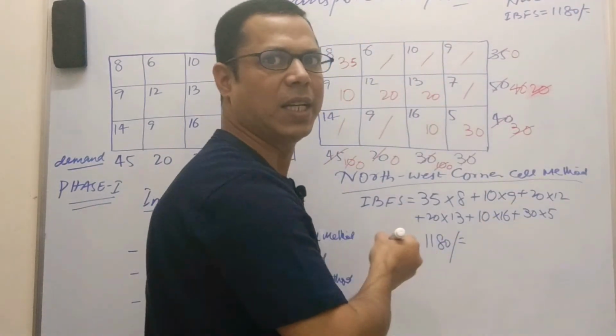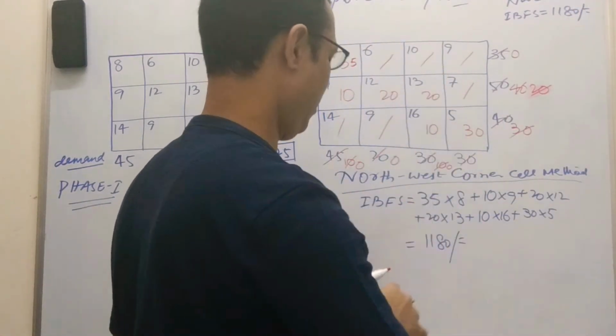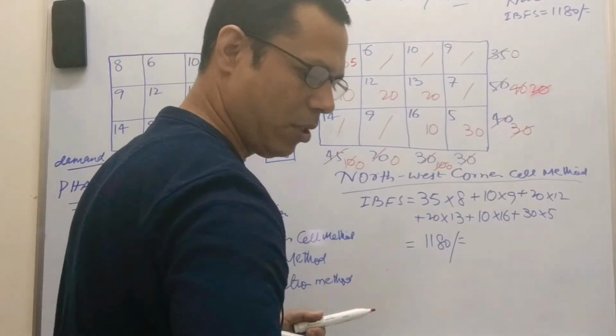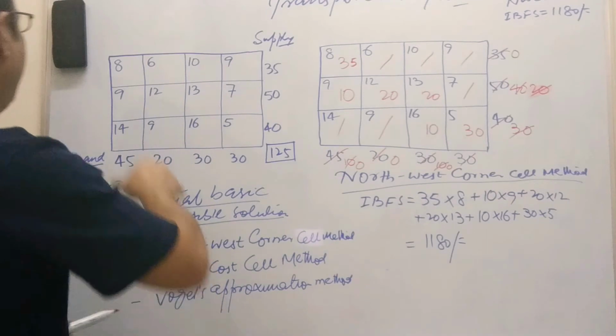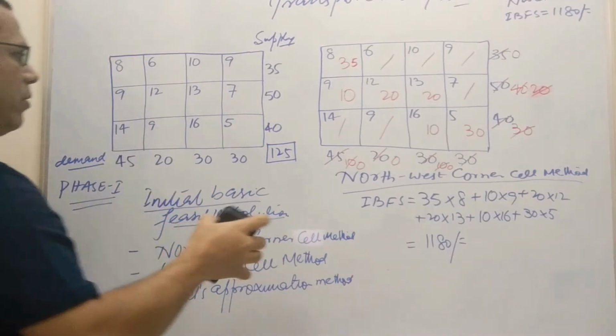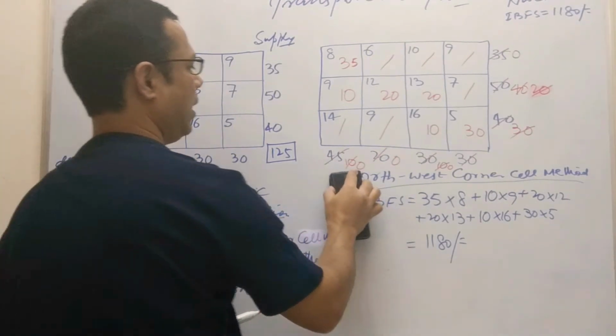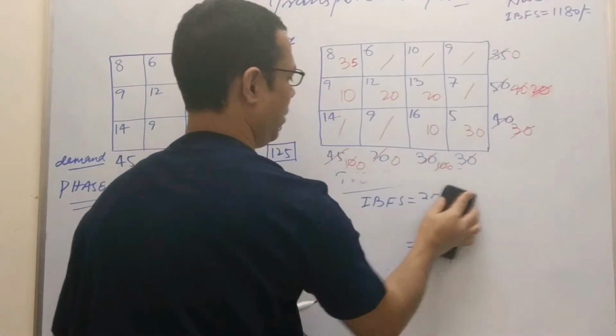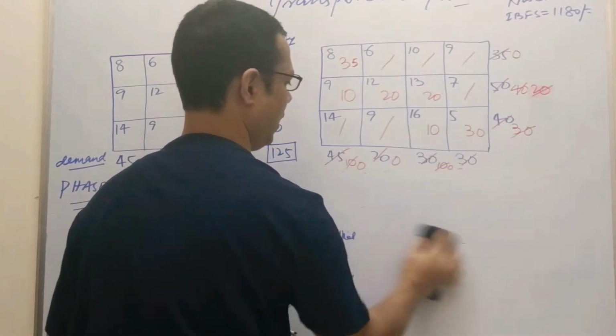You can write it here just for comparison. We'll compare with the other method. So this is the first solution by applying the northwest corner cell method. Now I am going to delete this and apply another method, the least cost cell method.